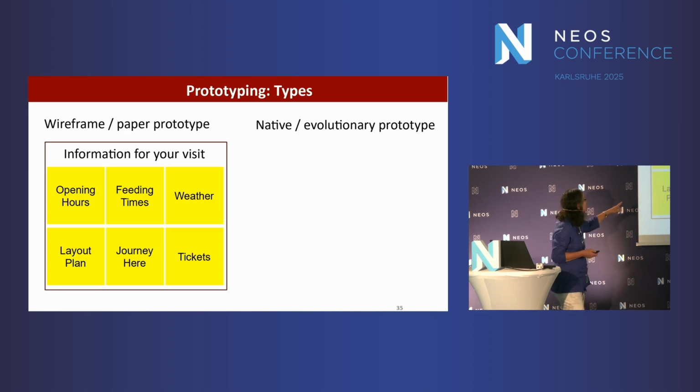Here the so-called wireframe is usually very primitive, can also be drawn by hand or something, and usually is used for an early stage where you still think about what information can we put on one side, and what will be the order or whatever, but colors or size of fonts also is not yet the topic.